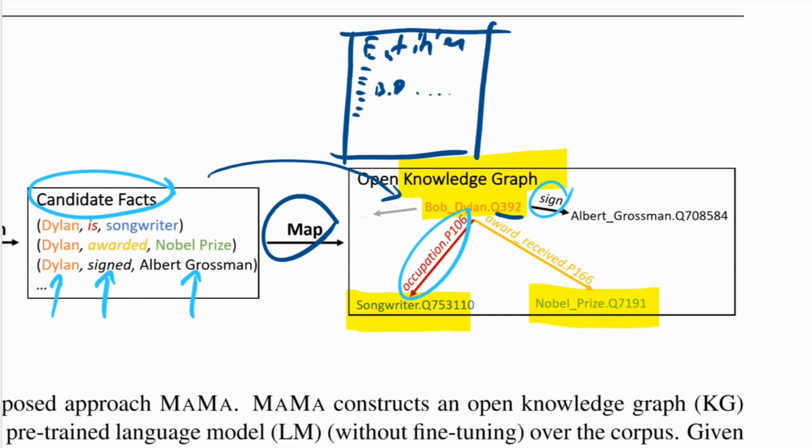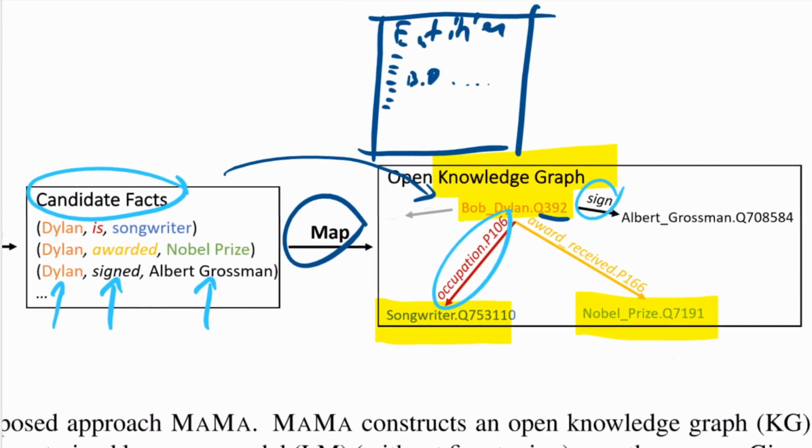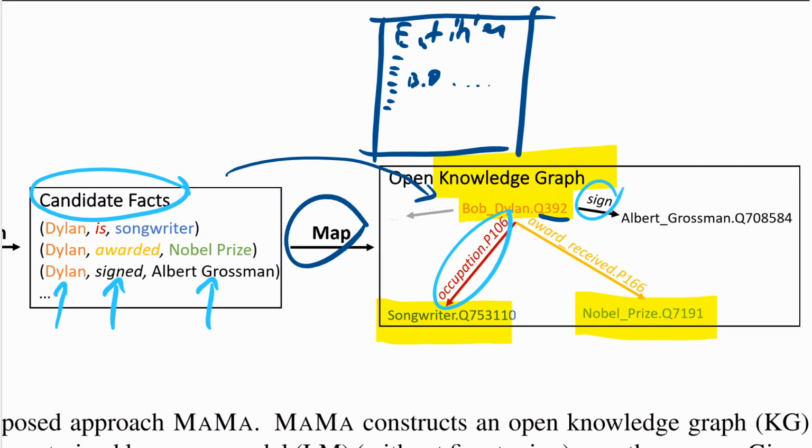This second stage right here is a bunch of standard tasks, so especially mapping something like the word Dylan in its context to this entity Bob Dylan, which you can think of as like the Wikipedia page of Bob Dylan, right? That's how these systems usually work. That is a task called entity linking, okay?